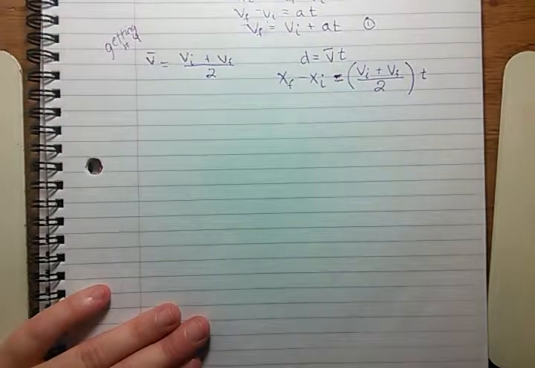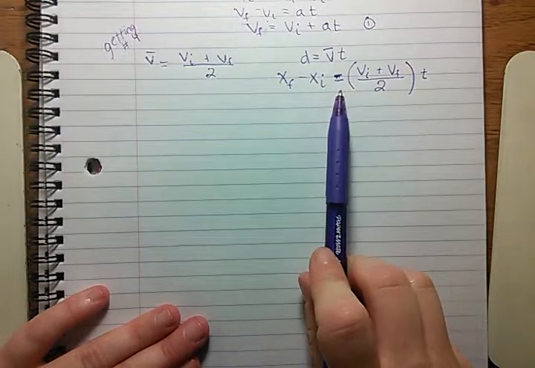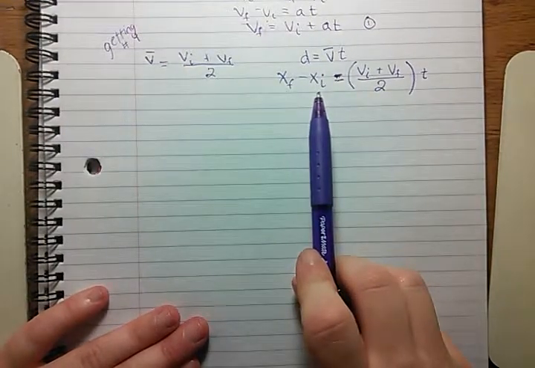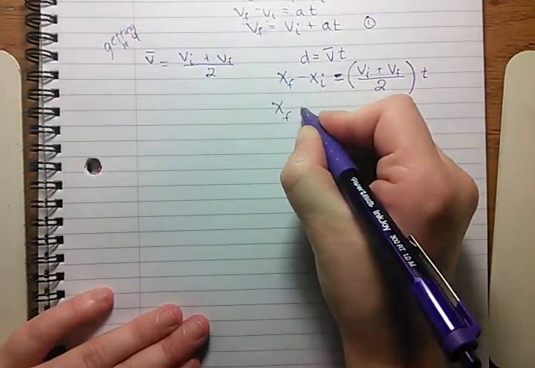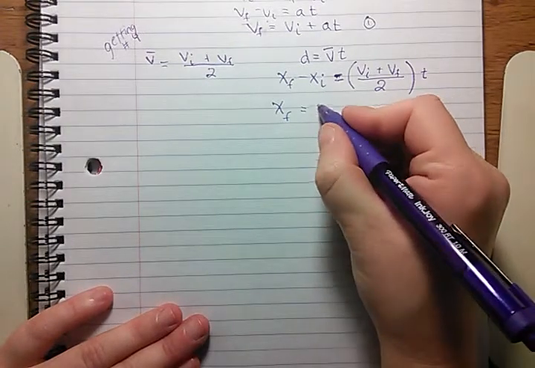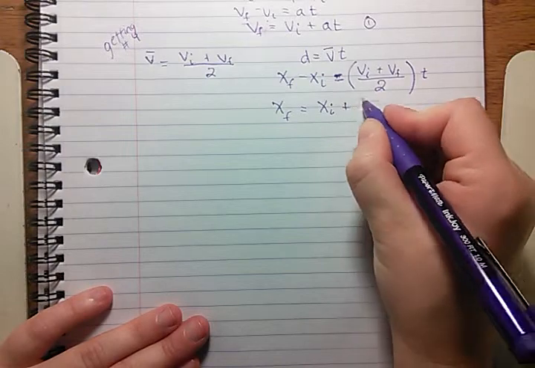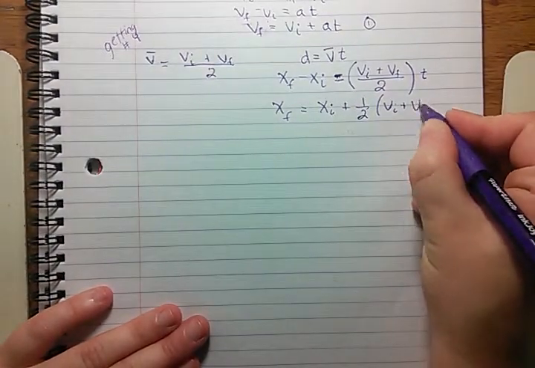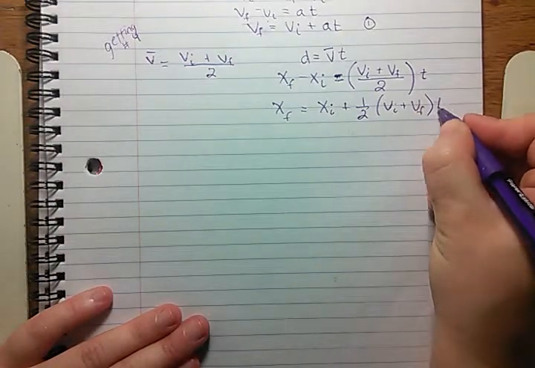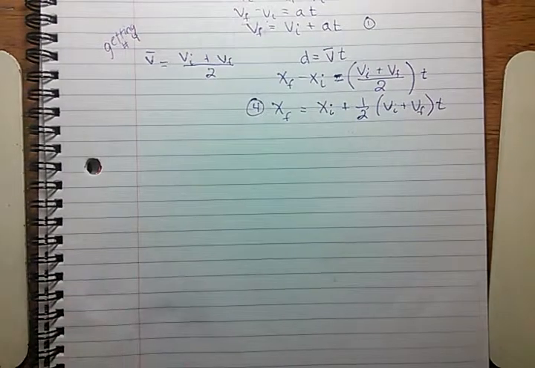If you rearrange this slightly, so I'm going to take out this 2, make it a 1/2 on the outside of the parentheses, and I'm going to add initial position to both sides. And now we have equation number 4.